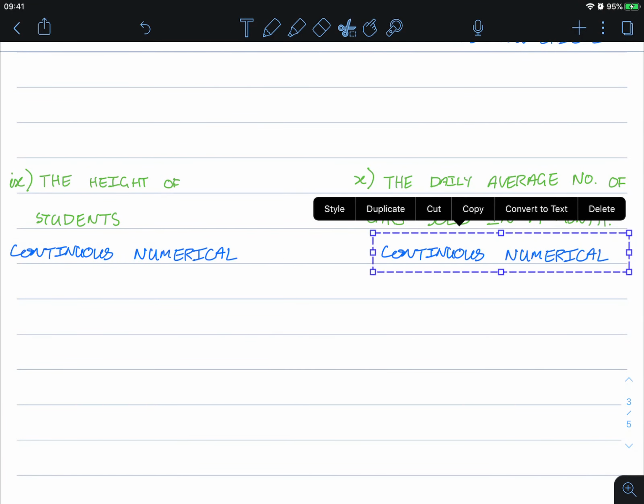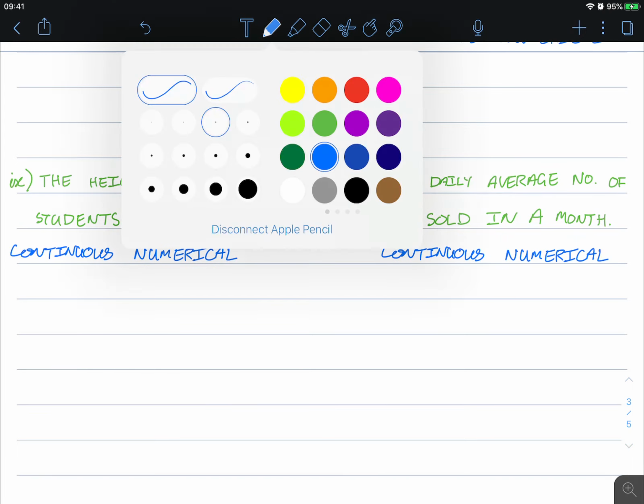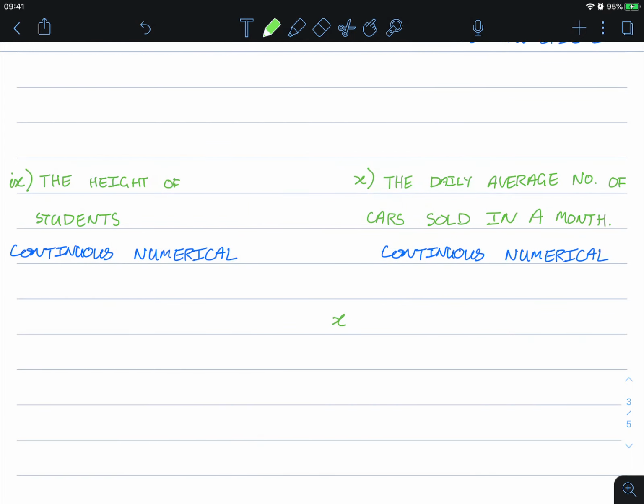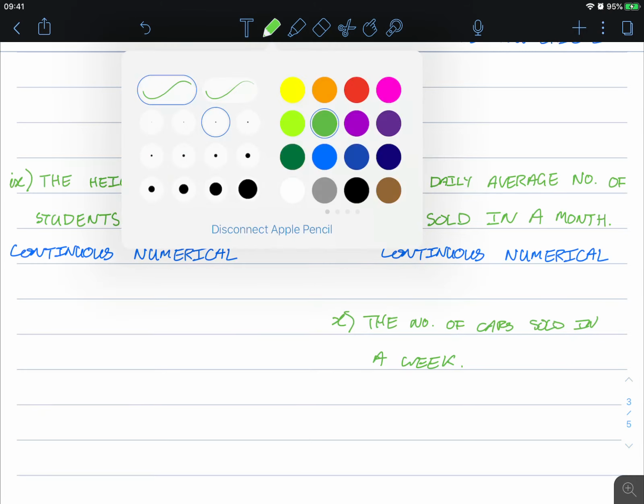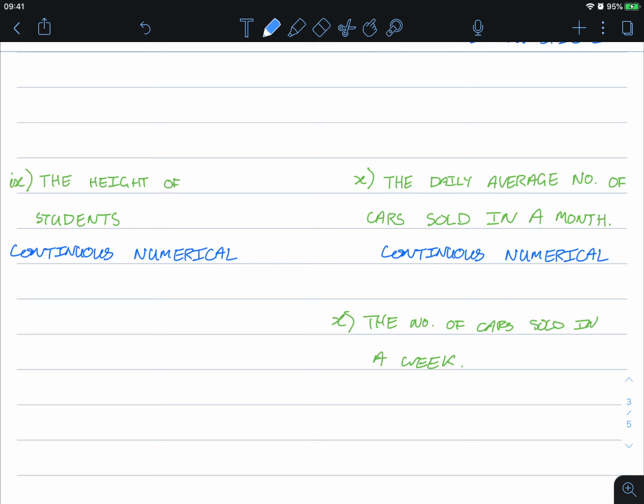Just as a point of comparison, if what's being counted was, say, the number of cars sold in a week, this would have to be discrete numerical data because it's impossible to sell half a car. But compare that to the daily average number of cars.